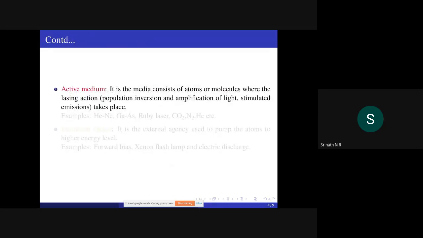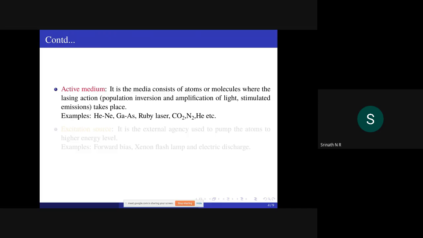Active medium. It is a medium composed of atoms or molecules where the lasing action takes place, like population inversion, amplification of light and stimulated emission. Examples for active medium: the active medium is different for different lasers. In a solid laser, the ruby laser, aluminum and chromium elements are the active medium.